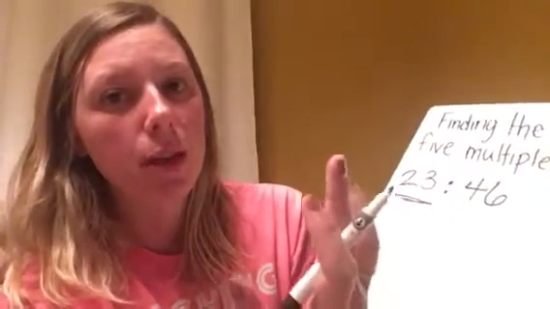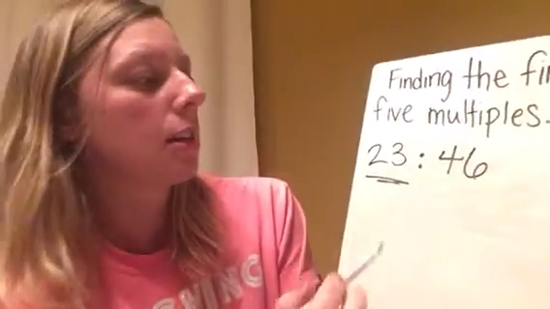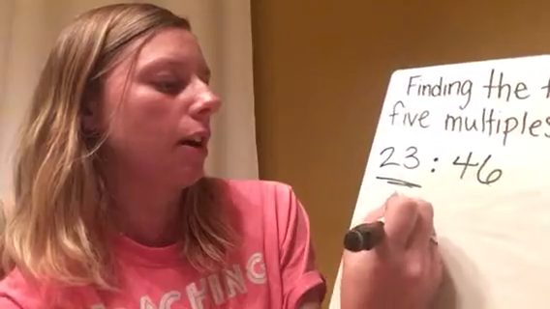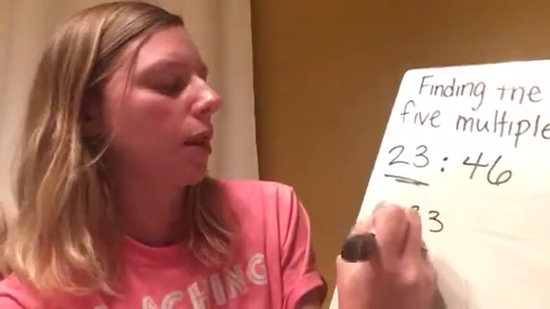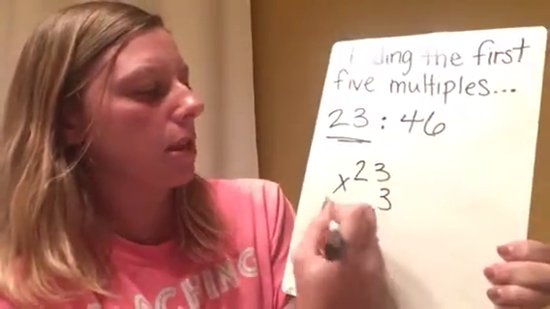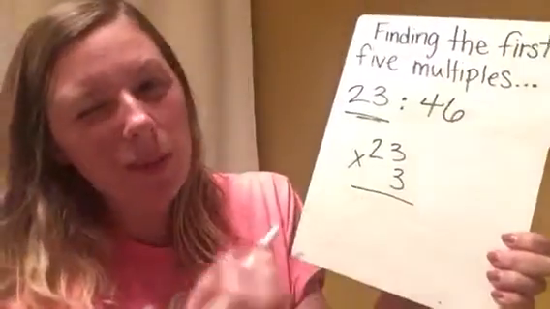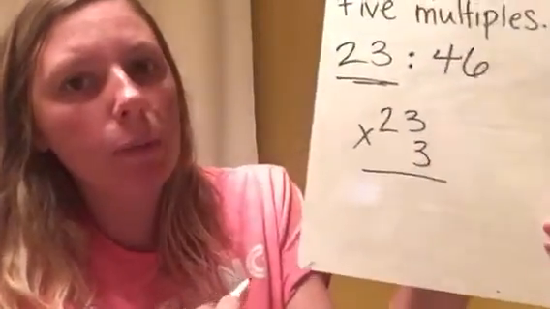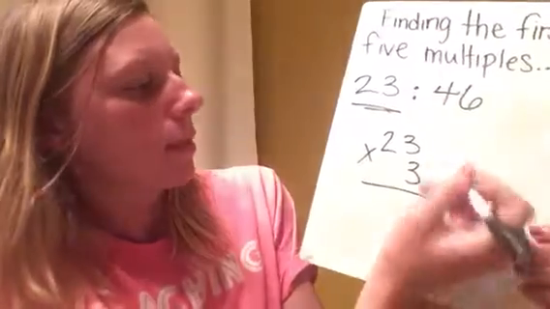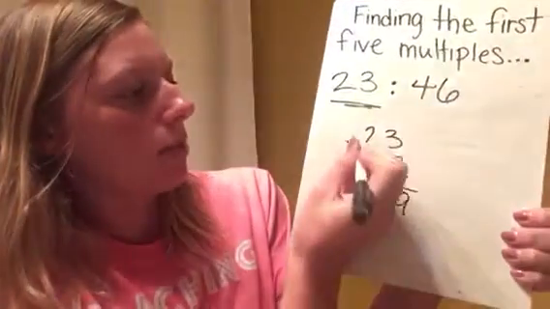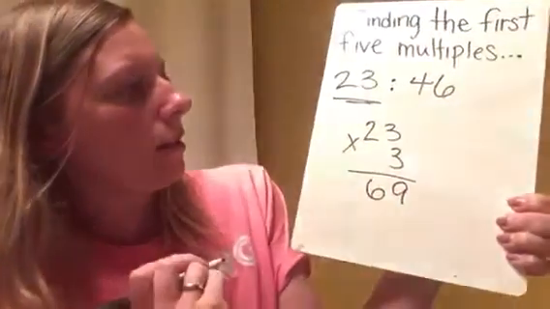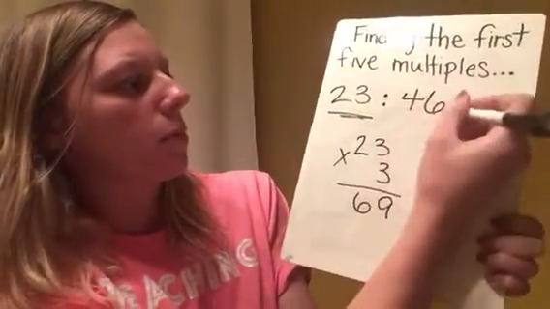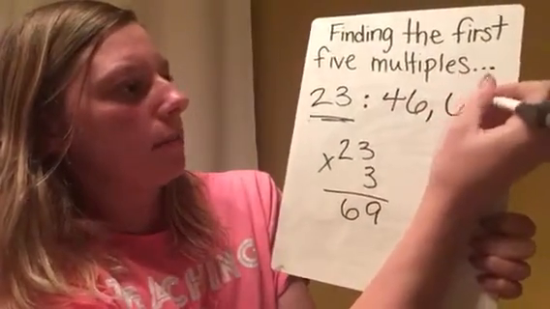I would rather you multiply, though, so you can get practice. So to figure out my next multiple, I would say, okay, what's 23 times 3? This is another one you could probably do in your head if you stop to think about it a little bit, but we'll just work them out. 3 times 3 is 9, and 3 times 2 is 6. Okay, so the next multiple is 69.